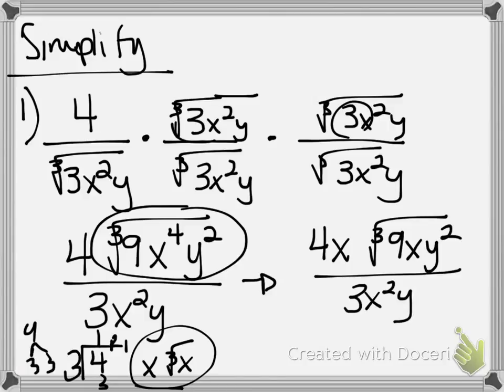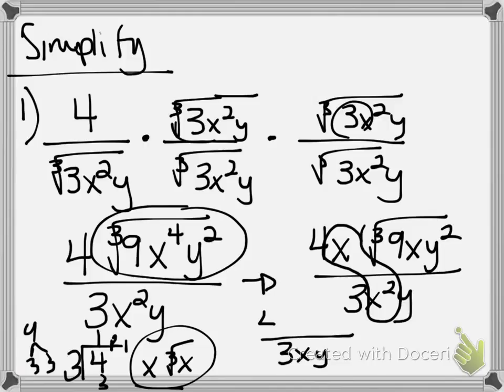Okay? And then I'm going to look outside here, outside of that cube root, and I'm going to see if I can reduce. And I can notice with the x's, I can reduce. So then, because x squared is bigger than x to the 1st, my x will be in the denominator. And then 2 minus 1 is 1, so I'm just going to write the 3x, x to the 1st, or just x.